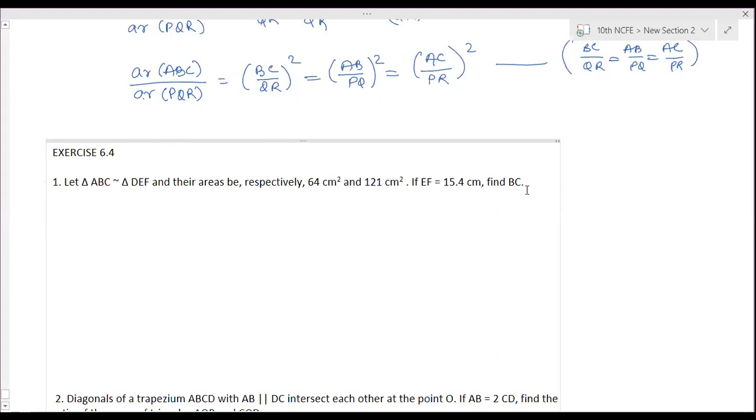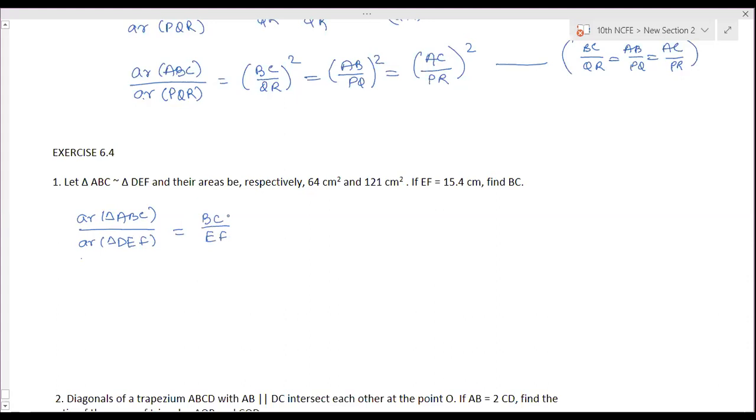One side is given, you have to find the corresponding side. So area of triangle ABC by area of triangle DEF is equal to BC, we need, and corresponding side EF, whole square. So this is 64 by 121. BC we don't know. EF is 15.4 whole square.